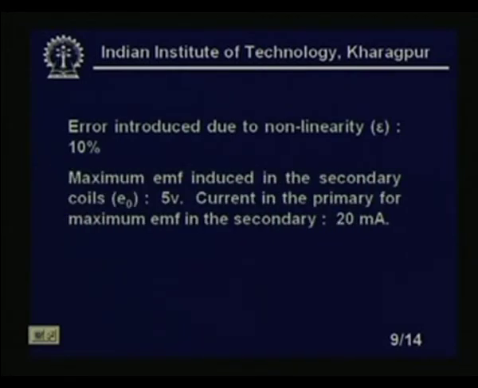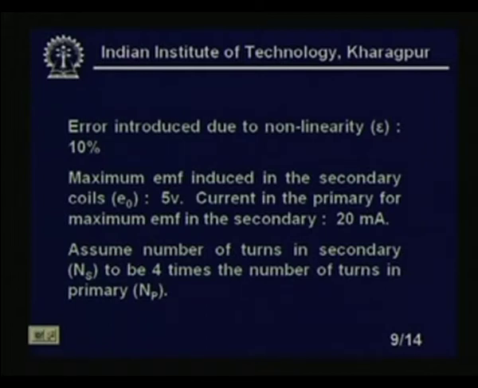Maximum EMF induced in the secondary coils E0 is 0.5 volt. Current in the primary for maximum EMF in the secondary is fixed also 20 milliampere. We assume that number of turns in the secondary Ns is 4 times the number of turns in the primary. As you know, the number of turns in the secondary is always higher, right. So, you have to design this LVDT, right. So, let us proceed in this particular design.